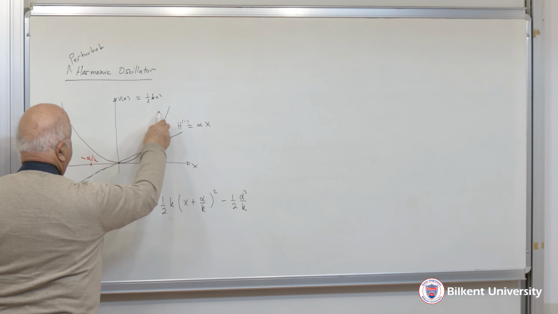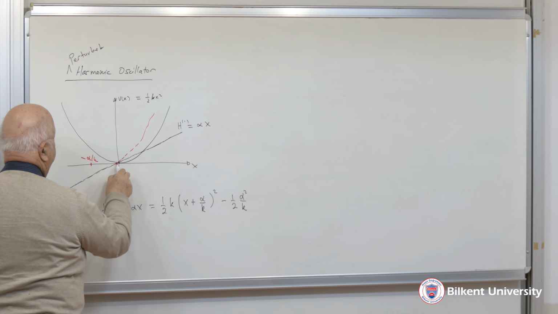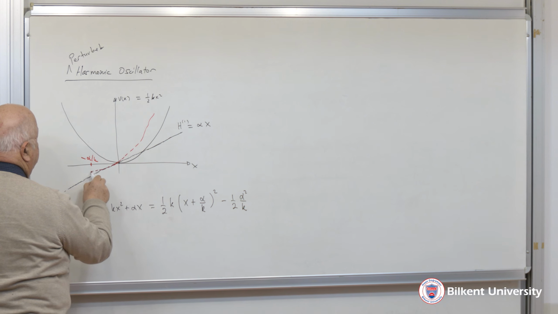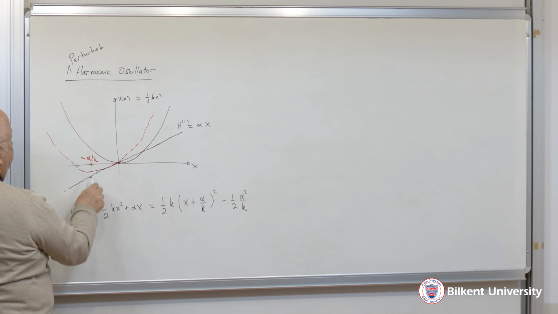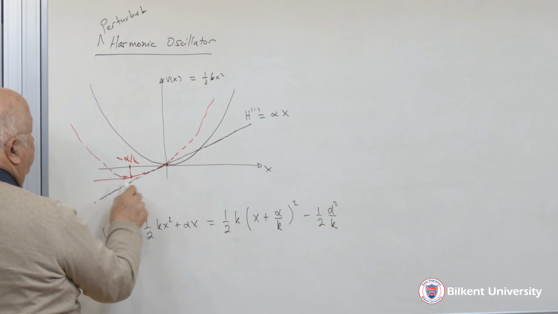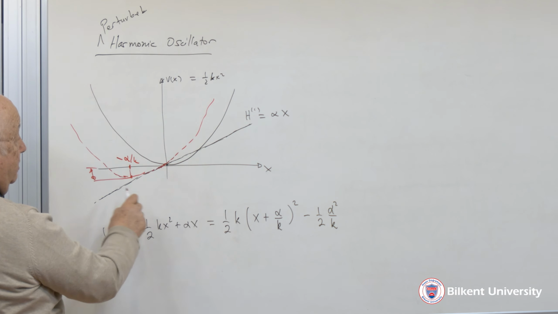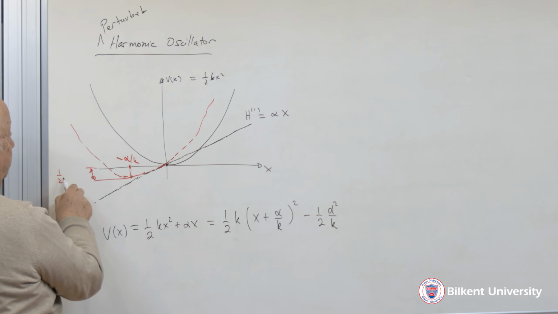So it's a potential with the same quadratic form. It's going to be tangential to this line over here, but do something like this. Its minimum is going to be somewhere over here, and it's going to be down by this factor 1 over 2 alpha squared over k.